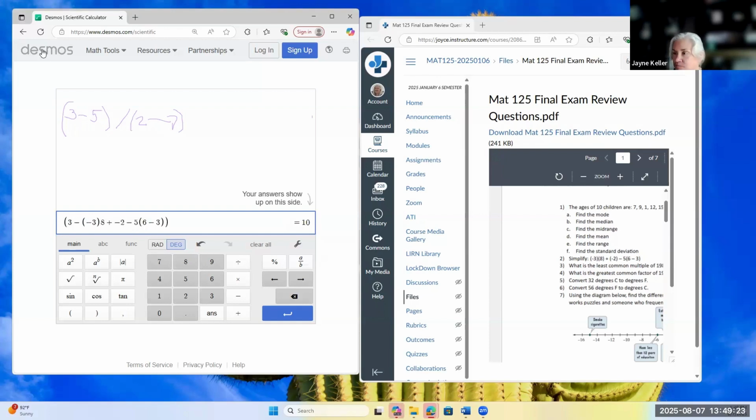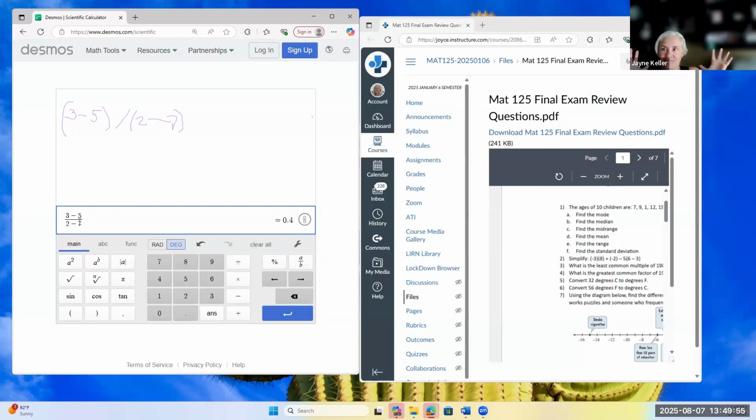So many things hooked up here. 3 minus, nope, come on. Let's delete all of that. Okay, so 3 minus 5. And then if I hit the division in here, see how it creates the little fraction bar for me? So now I don't need the parentheses in the numerator or in the denominator, because the fraction bar acts like parentheses.